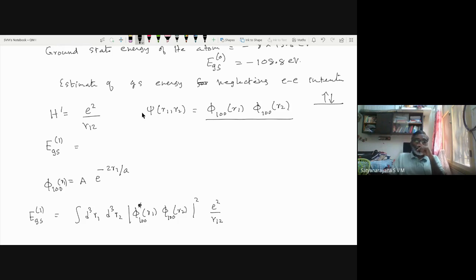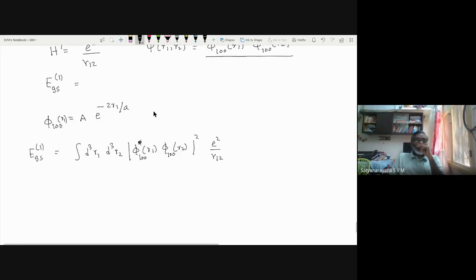This is what you have to calculate. Maybe I simply write here Y00 of theta 1 comma phi 1. Y00 is anyway a constant, but let me write it like this.